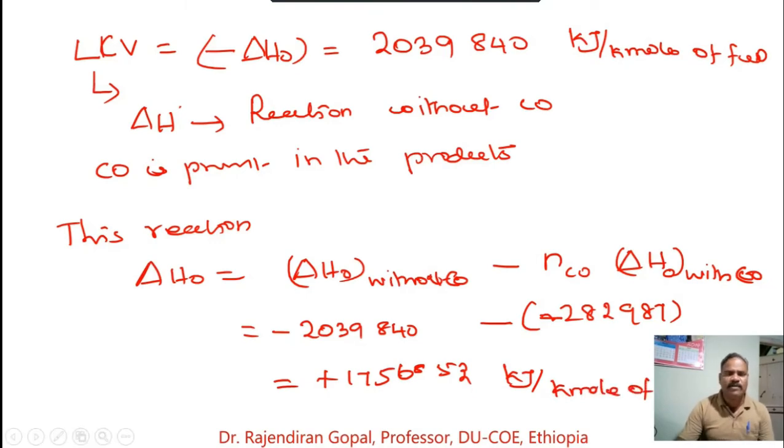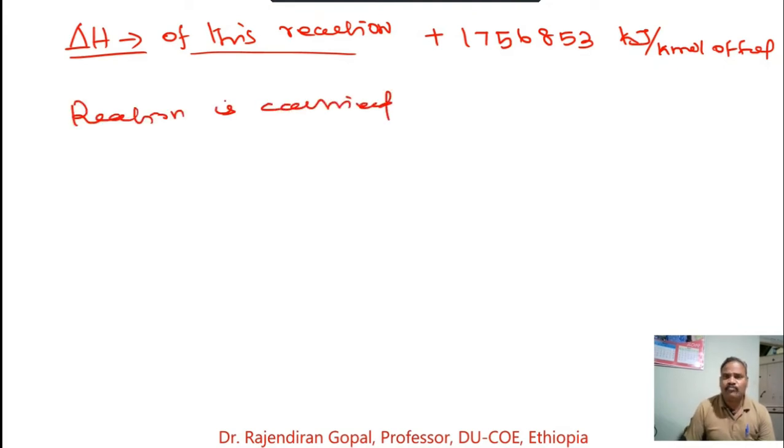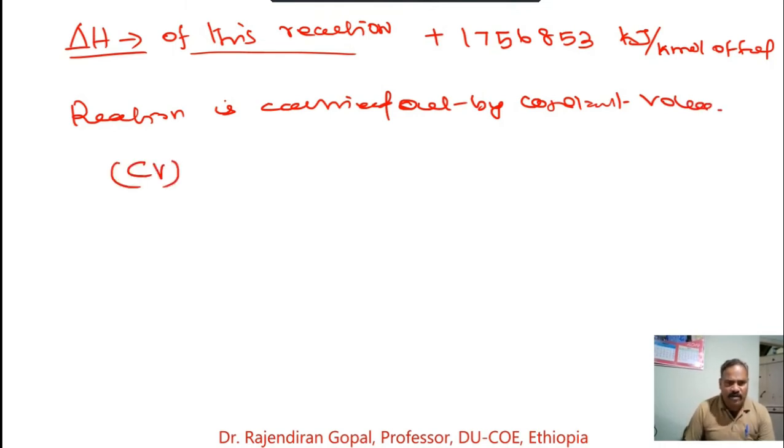So this lower calorific value, or enthalpy of this reaction, is plus 1756853 kilojoule per kilomole of fuel. However, they have given that the heat of reaction is carried out at constant volume, so we have to convert this calorific value to constant pressure.